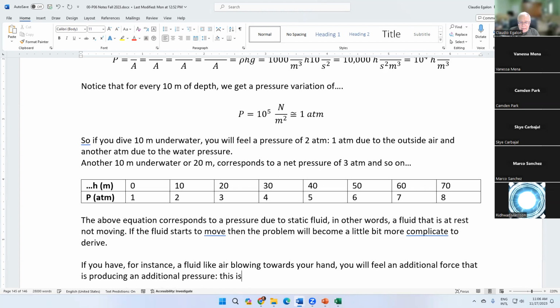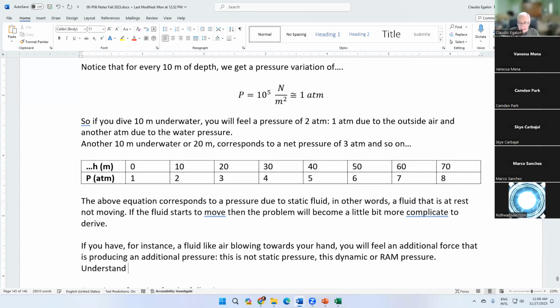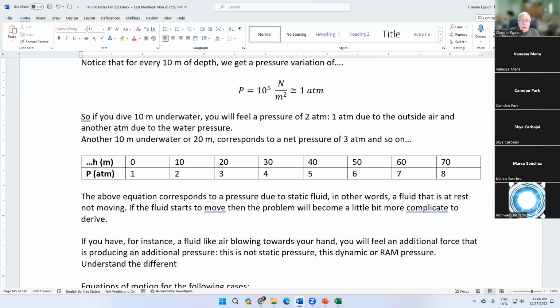This is not a static pressure. This is dynamic or ram pressure. Okay? We're not going to cover ram pressure here, but it's important that you understand the difference between static and ram pressure.